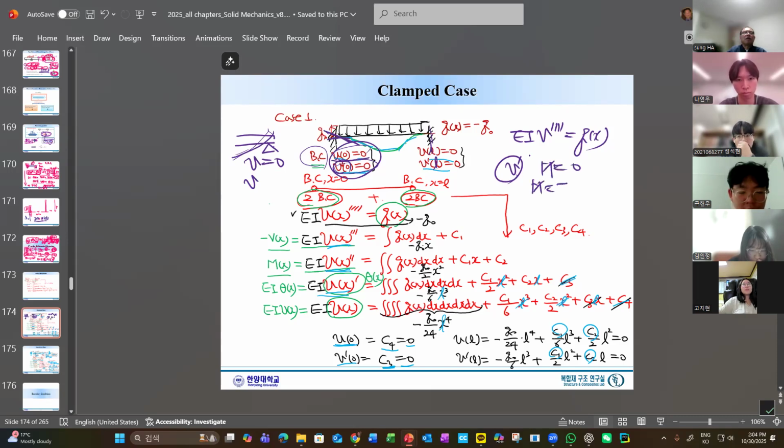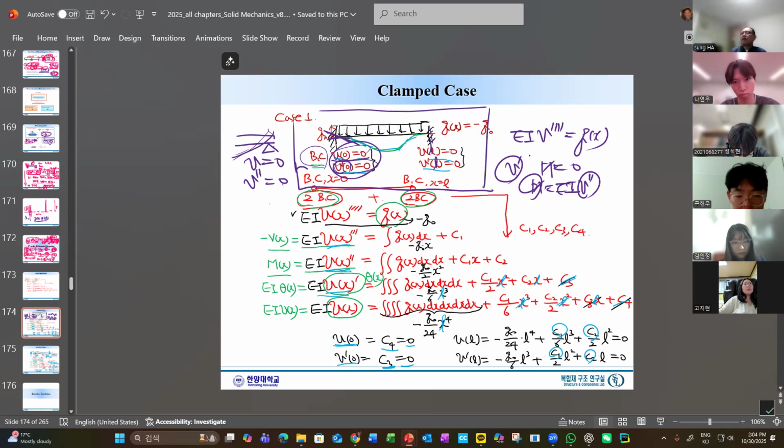Moment equals EI V double prime. So moment equals zero means that V double prime equals zero. Very simple.